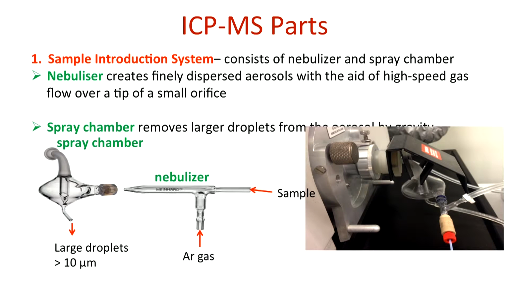Anything that is greater than 10 micrometer is discarded to the waste, while anything less than 10 micrometer can go to the plasma and can be efficiently ionized.